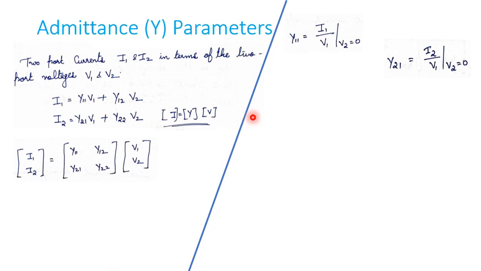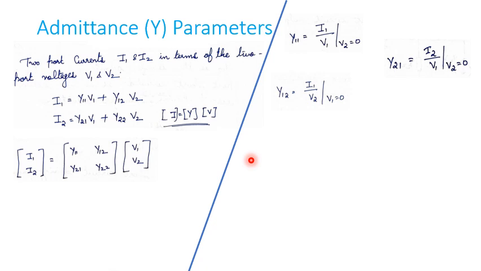Now the second term Y21. From this equation it is clear that Y21 is equal to I2 by V1 when V2 is 0. Y21 is the transfer admittance with the output port short circuited. It is also called short circuit forward transfer admittance.